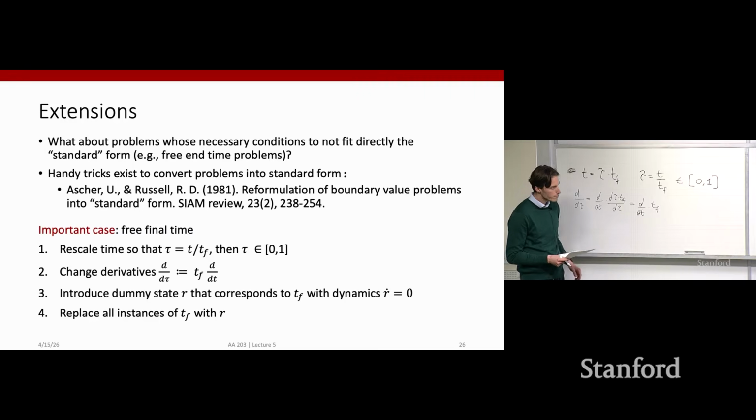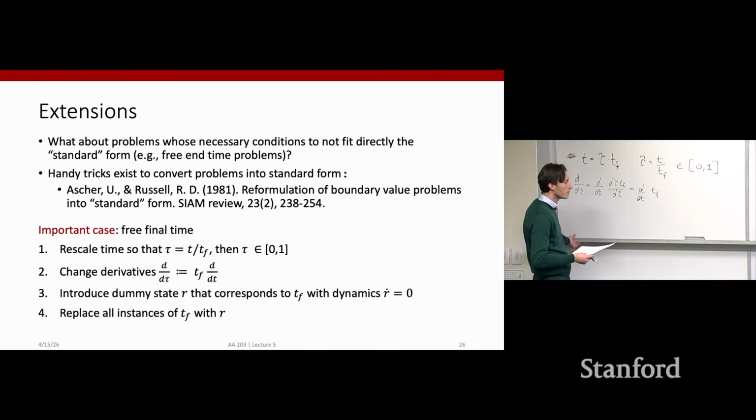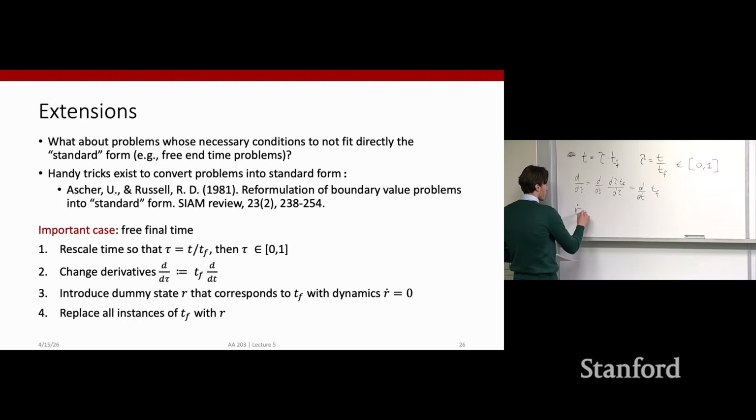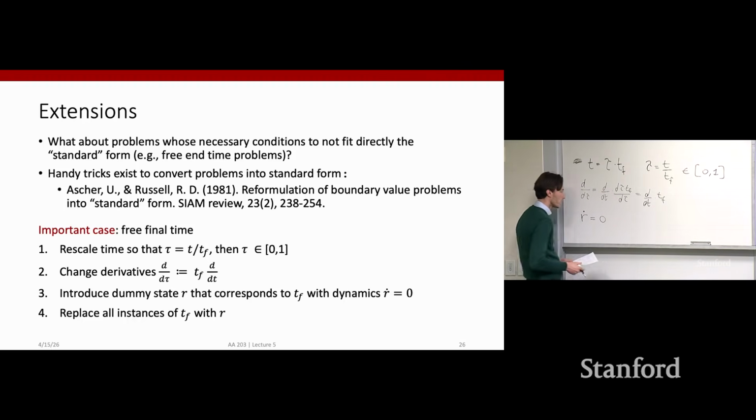tf. The other step that is entailed in this trick is then to introduce a dummy state variable r, which corresponds to the final time and has trivial dynamics, r dot equals 0. So r replaces final time, and in order to model this in our two-point boundary value problem, we need to have some associated dynamics with it.